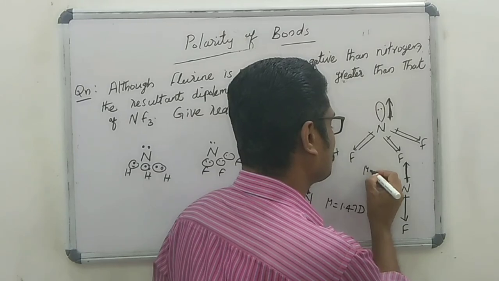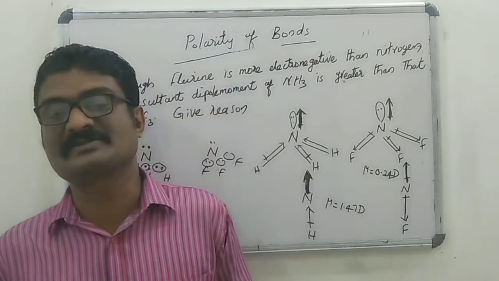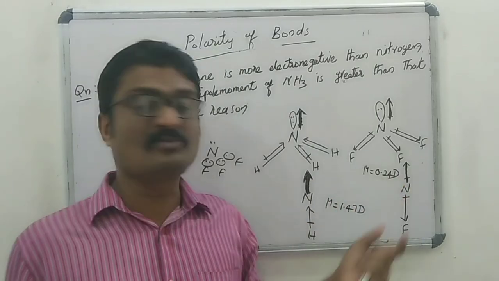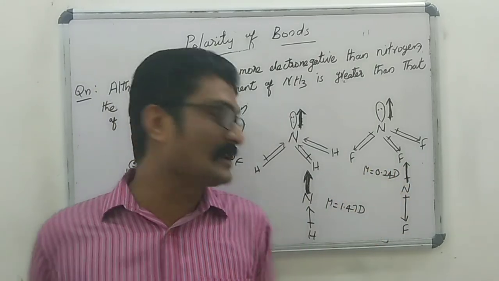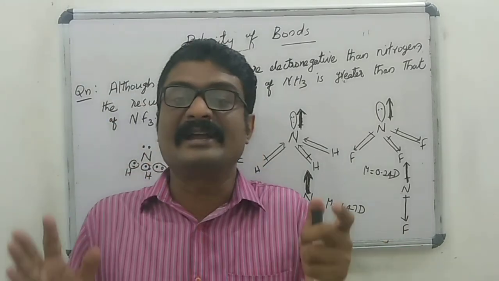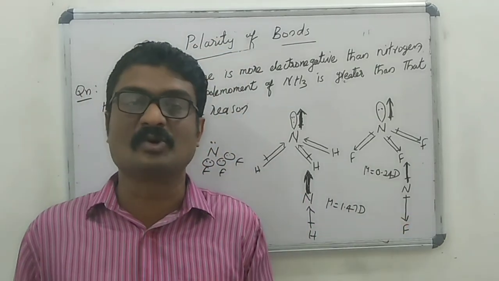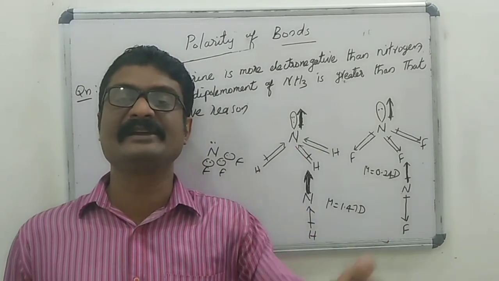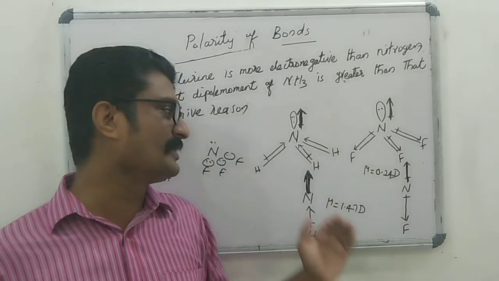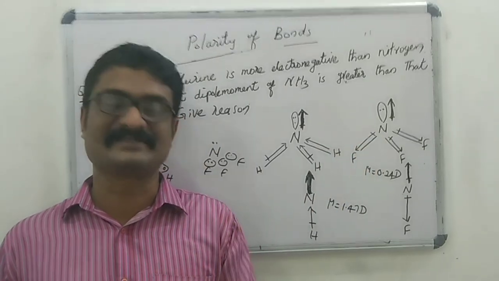Its value is about 0.24 D. In NF3, the bond moment due to the lone pair of electrons is in the opposite direction to the resultant dipole moment of the NF bonds, and hence they partially cancel each other. The dipole moment of NH3 is greater than that of NF3.